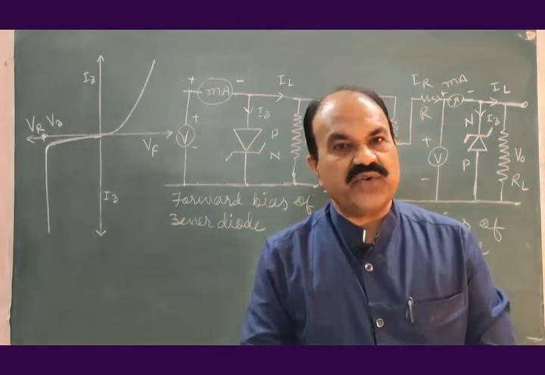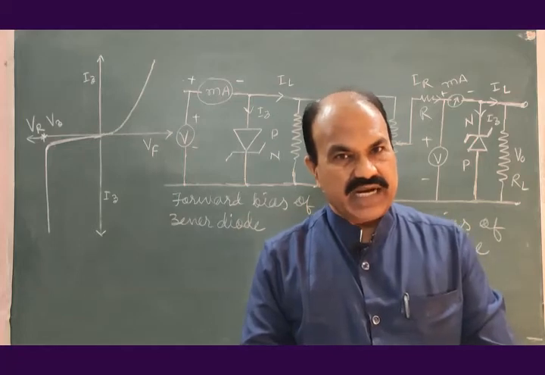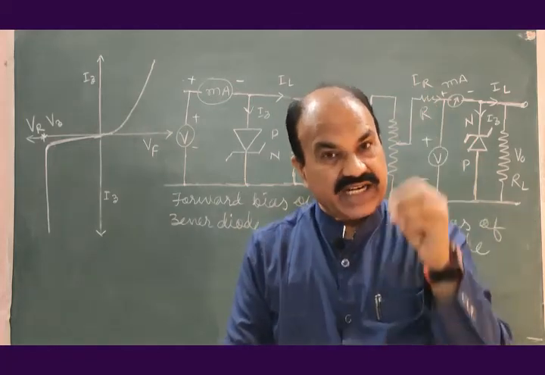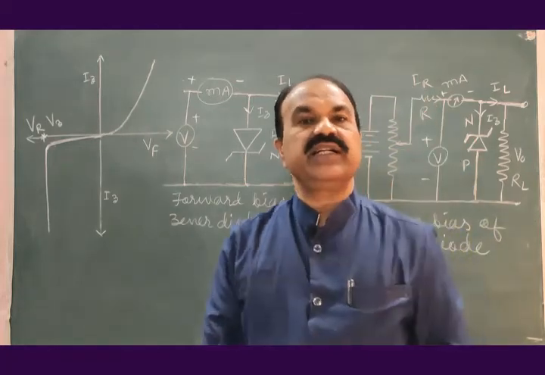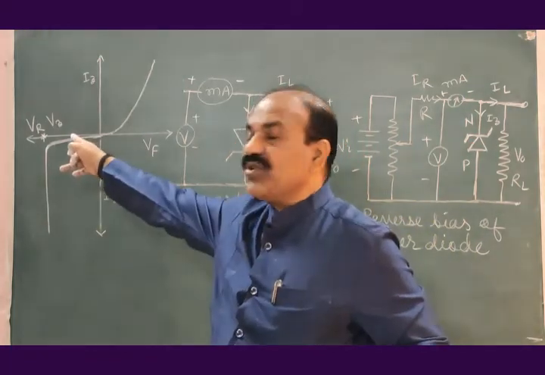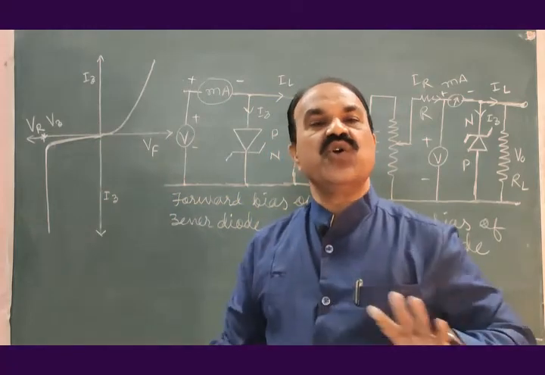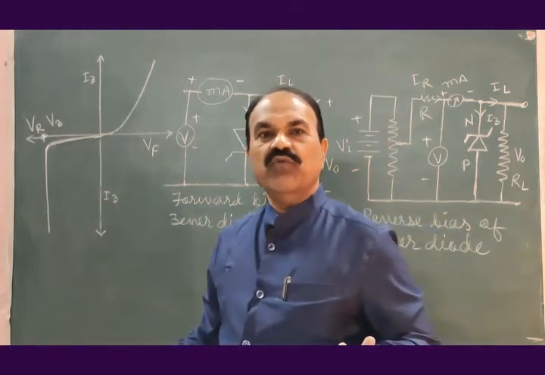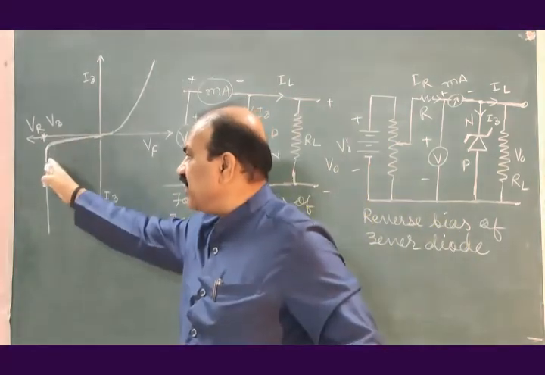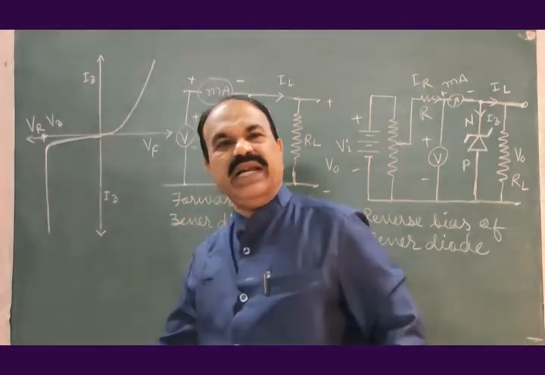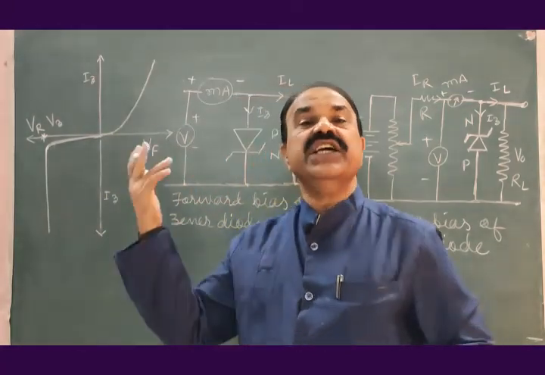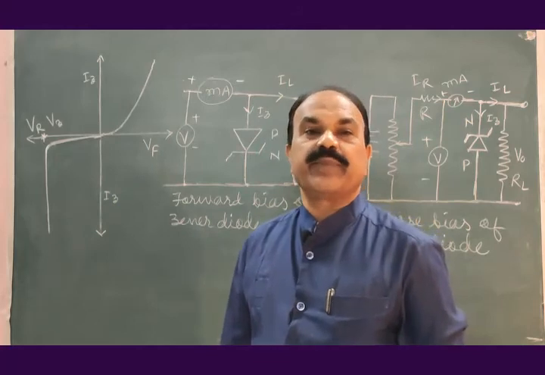Once the Zener diode starts working in reverse bias, in Zener breakdown, the voltage across the diode is fairly constant. It is not changing at all. Only the current is changing, increasing very rapidly.